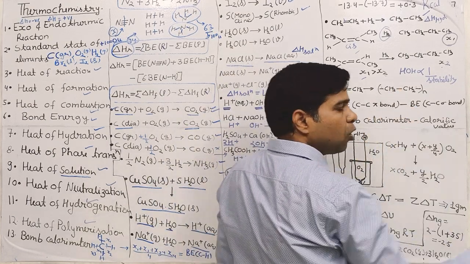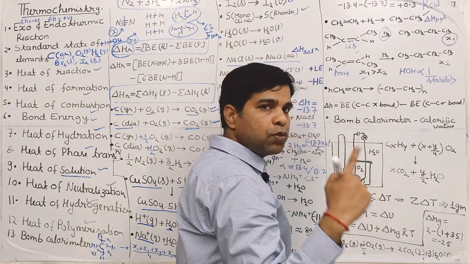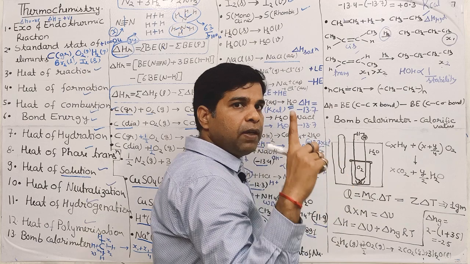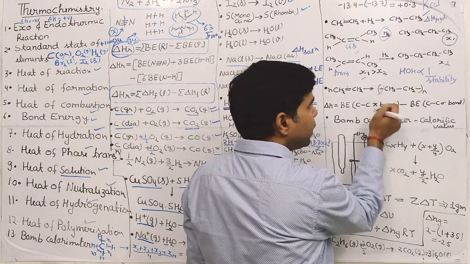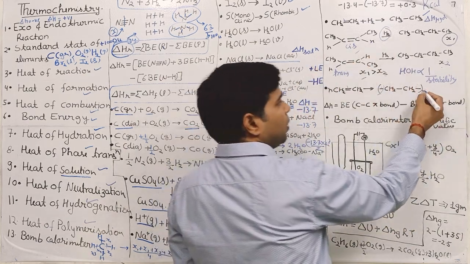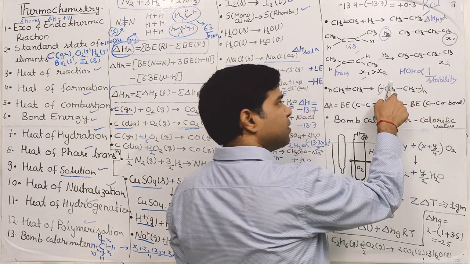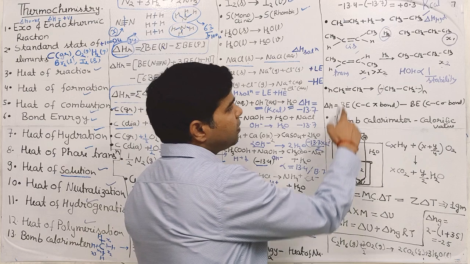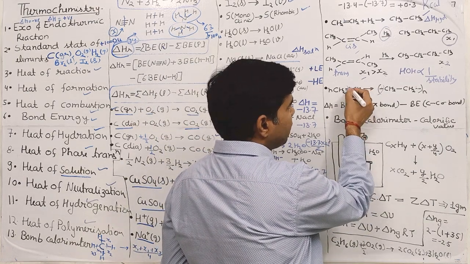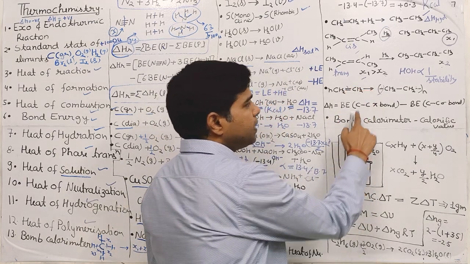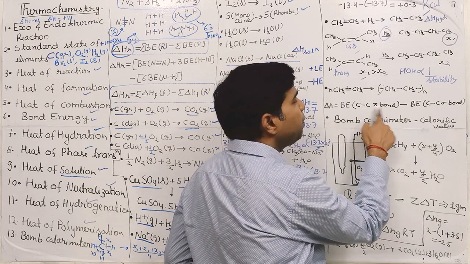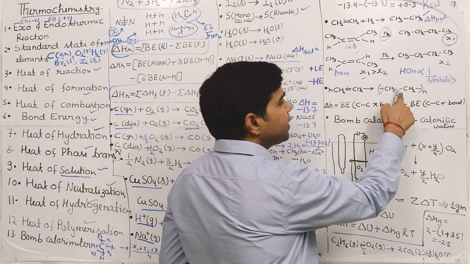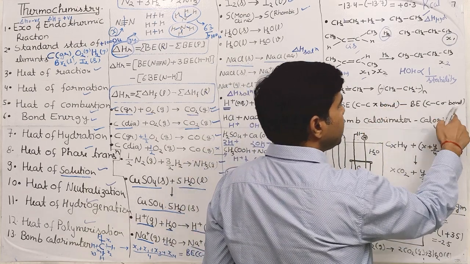But for 1 molecule of CH2CH2, we always take 1 sigma bond, because 1 sigma bond is part of another carbon and only 1 sigma bond is considered part of this compound. So what happened in this case? In the first step we are breaking the C-C pi bond, and in the next step we have formed the C-C sigma bond.